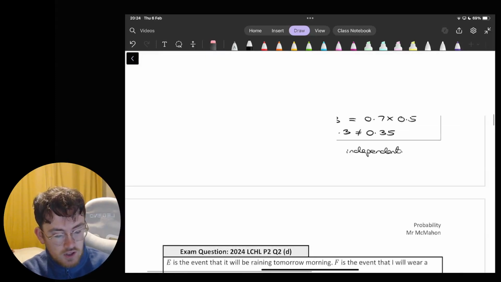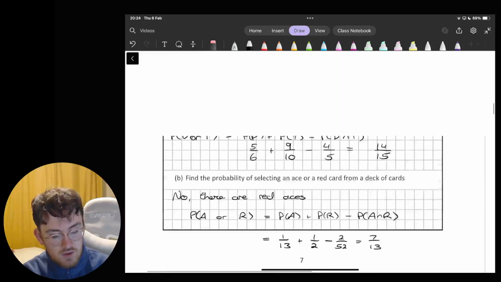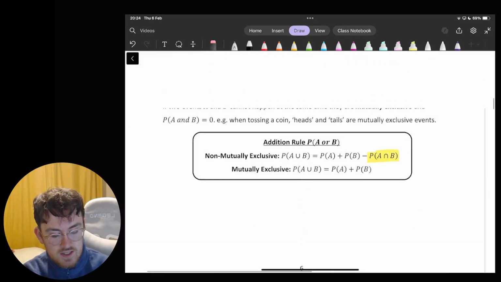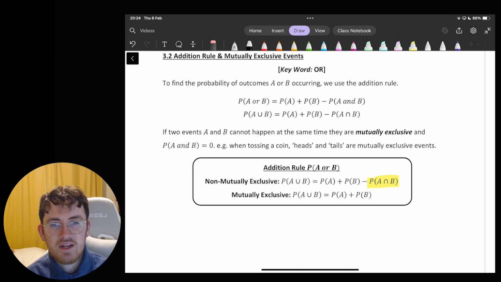But overall, the three things you need to know across this section are what it means for two events to be mutually exclusive, and the addition rule. So whether we can add events, the use of the word or when listing events, knowing that that means addition, and how that might factor in whether we need to include A and B, or whether that'll just be 0.